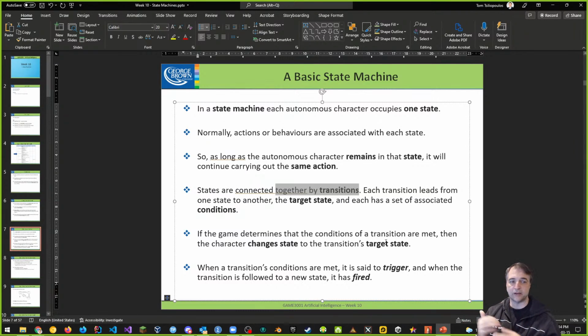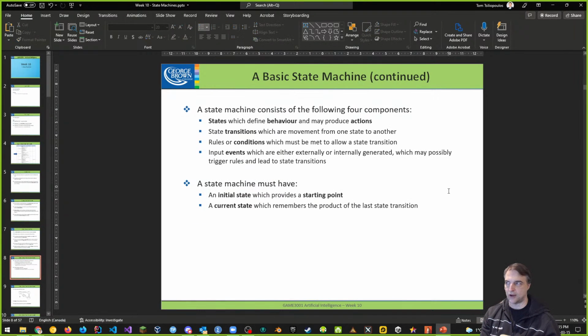We didn't see them, we didn't hear them, but they triggered an alarm because they passed through a trap or something like that. When the transition conditions are met, we say that they trigger the change, and when the transition is followed to a new state, it has fired. The transition is fired. So it's been triggered, and after it's done, it gets fired. It's gone to the new state. These are just keywords that we can use to talk about them.